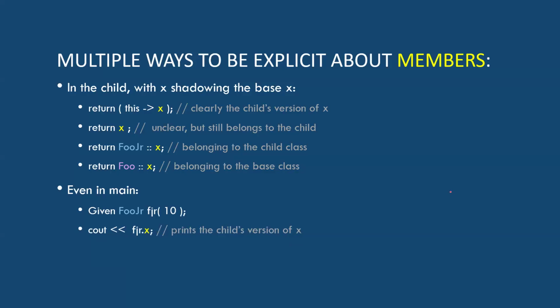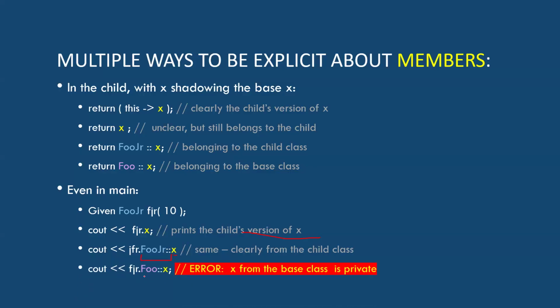I can say cout FooJunior::x, which prints the child's public X. I could even say, this is really surprising, jfr.FooJunior::x, the derived class X, is the same. Or if it wasn't private, I could say base class X. So I can put that qualifier in front of any data member name if there's some ambiguity, and it will help the compiler know what we're talking about.